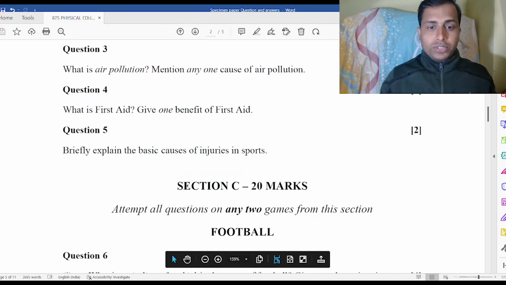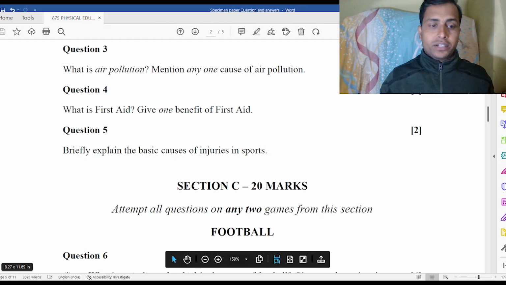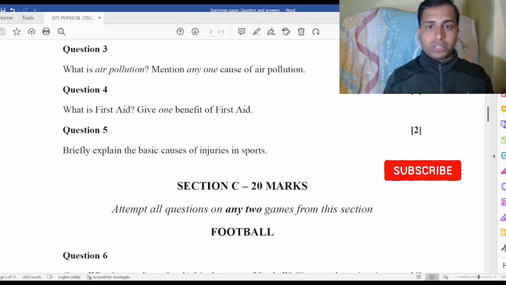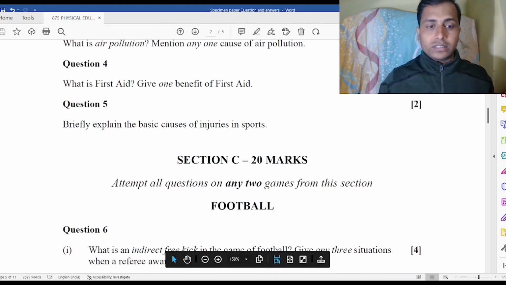And now coming to section C, that is 20 marks. As you can see, it is written, attempt all questions on any 2 games from this section. It means the questions from all the games have been given in this question paper. You need to select 2 games and answer all the questions of these 2 games. Now let's see how the question pattern is.